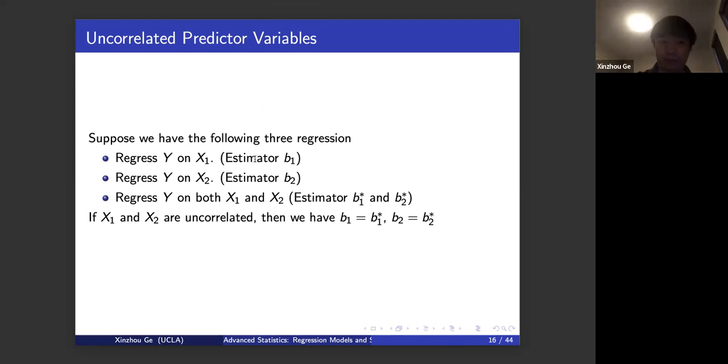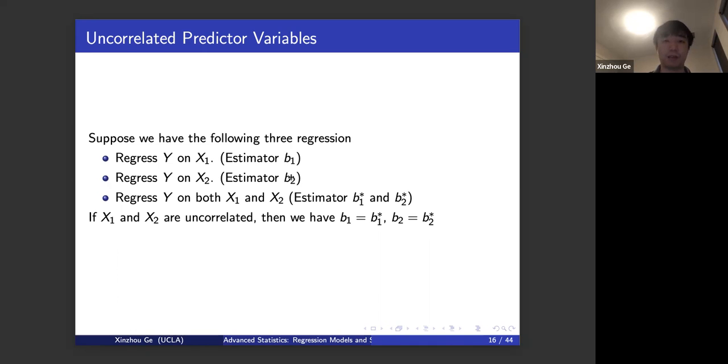When the predictor variables are uncorrelated, which means that they are totally independent, then if we first regress y on x1, and then we regress y on x2, as x1 and x2 are independent, if we regress y on both x1 and x2 and estimate b1 and b2, we will expect to see that b1 is exactly the same as b1 star, and b2 equals b2 star.